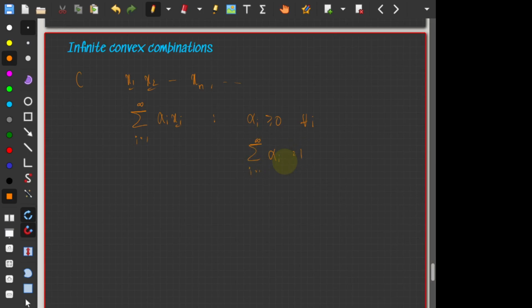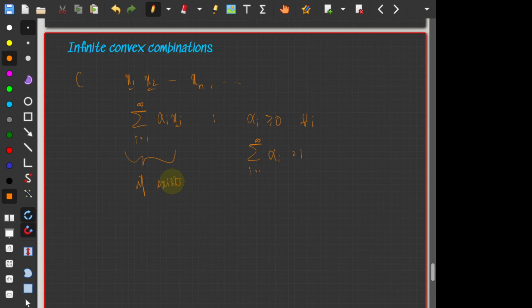Right? So this notion of convex combinations can be generalized to infinite linear combinations, as long as, of course, this exists. In general, this convex combination may or may not exist. It may not converge, right? It's after all an infinite sum.